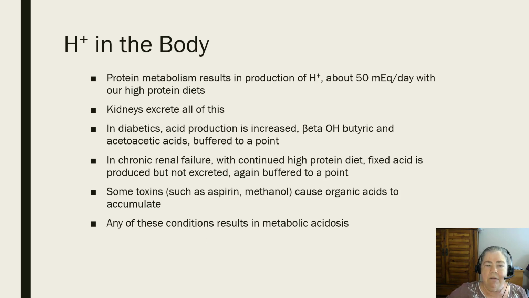There are some medical conditions in which hydrogen ion production is increased. In diabetics, because of the inability to use glucose as a fuel, the insulin is required for glucose to be moved into cells, and so we begin metabolizing fatty acids and some ketogenic amino acids and produce beta-hydroxybutyric acid and acetoacetic acids, and they get buffered to a point, but that buffering can be exceeded.